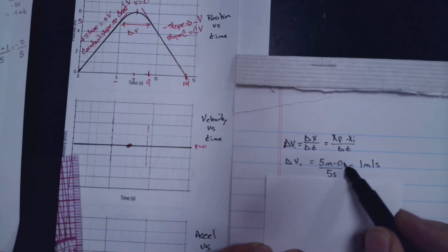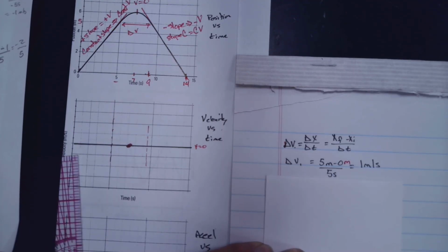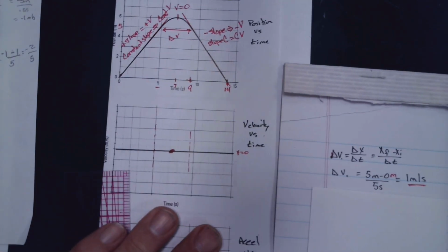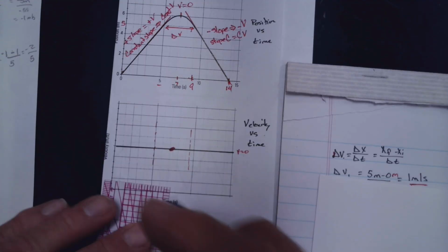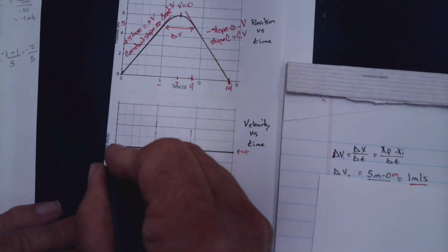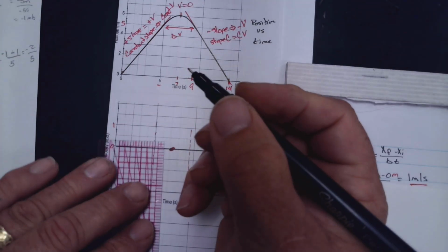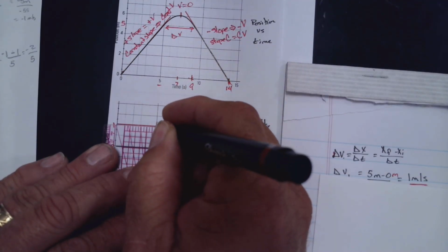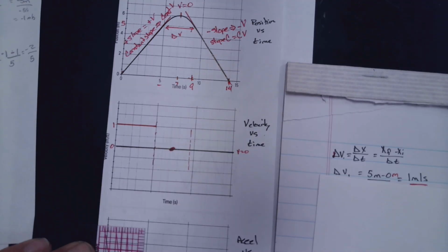So I have 5 meters minus 0 meters. So I'm going to have a velocity of 1. Here's 0, here's 1. And there is my first velocity.